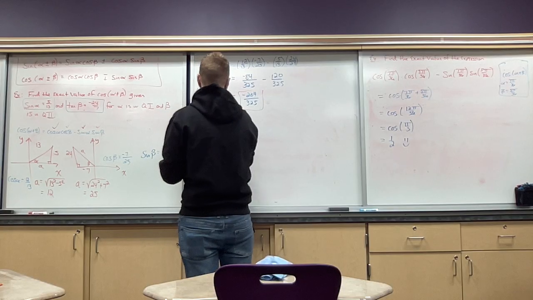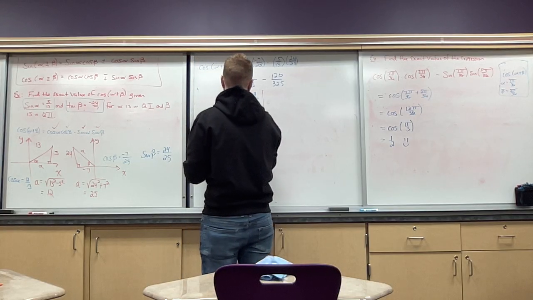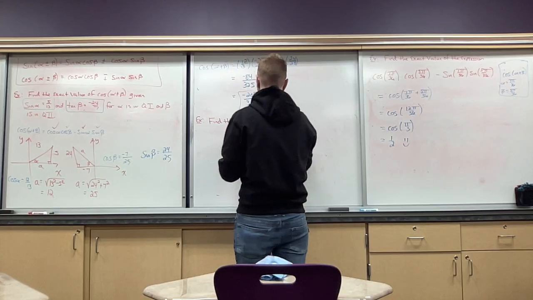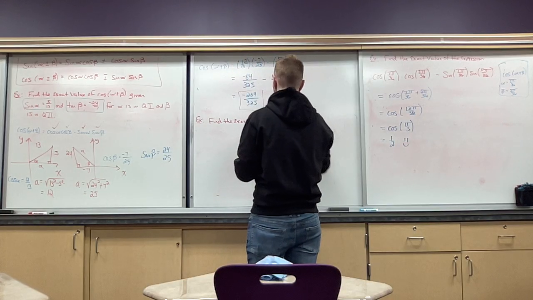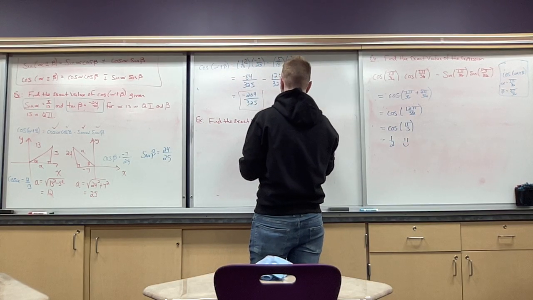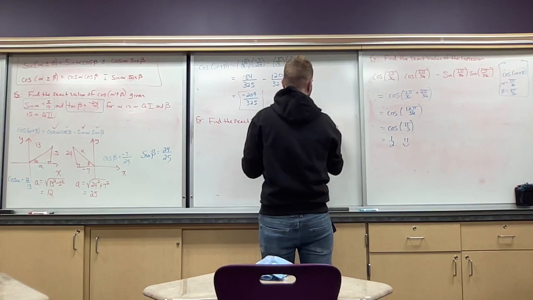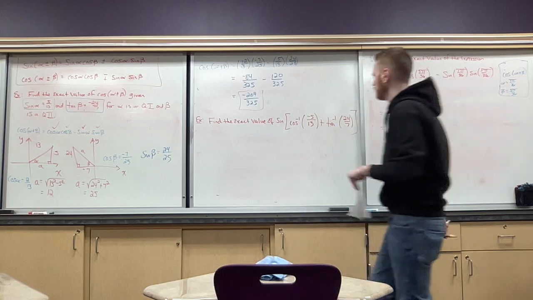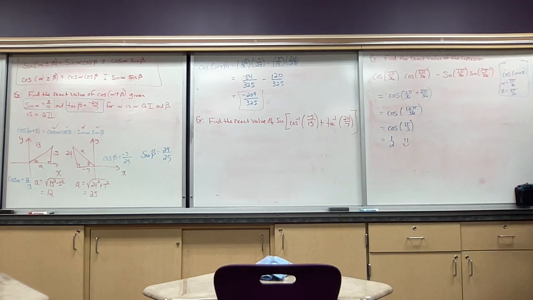So we're gonna do the same thing, find the exact value of sine, and then in here I'll have the inverse of cosine, and the inverse of tangent. Okay, so now I have a little bit more happening here.